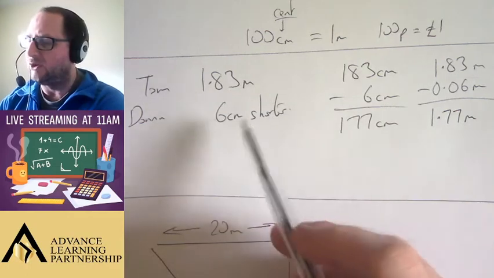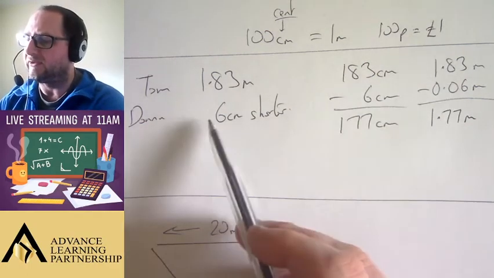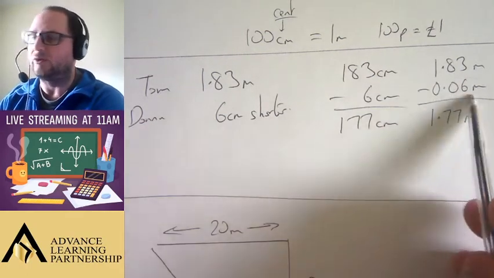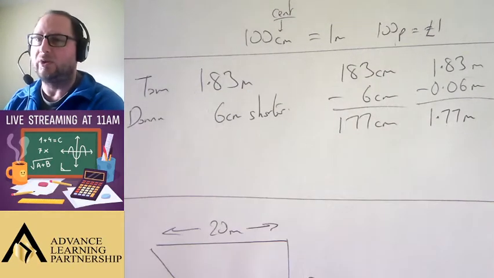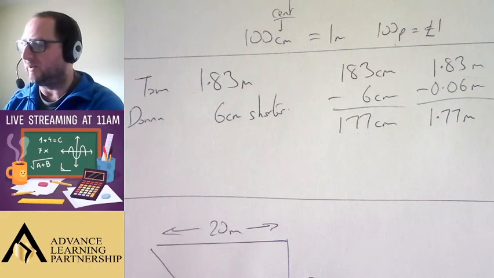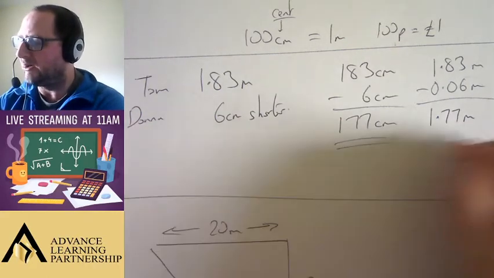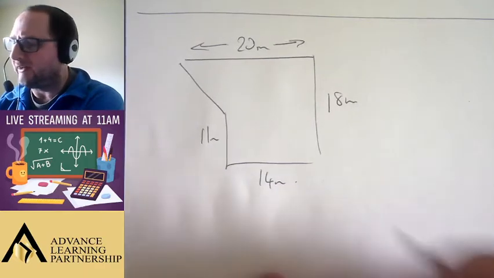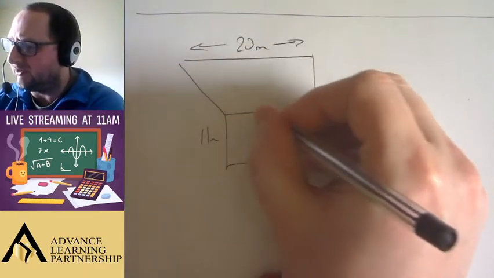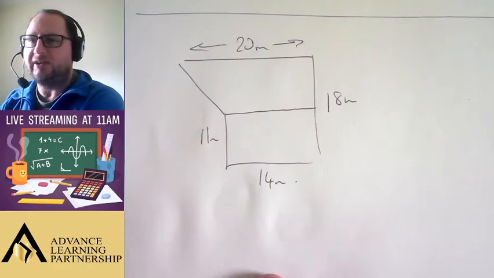Again, thinking of that 100 needed for the pound, 6 pennies would give you 0.06 pounds. So just try to think of another way of working with centimetres. You need 100 pennies for a pound. Answer, 177 centimetres.